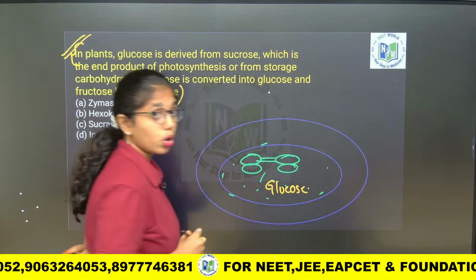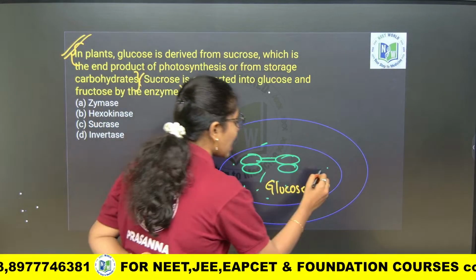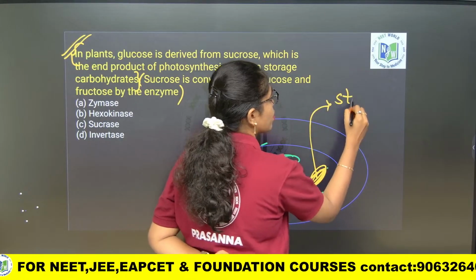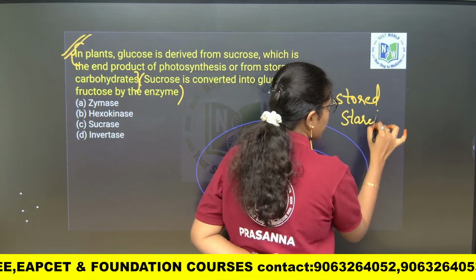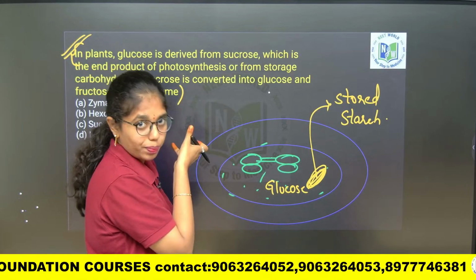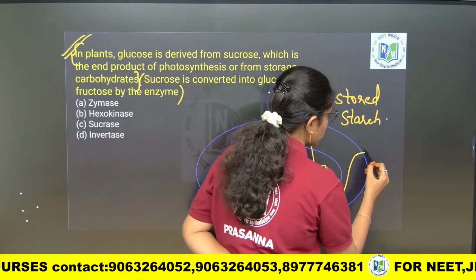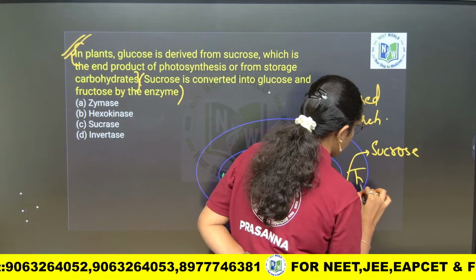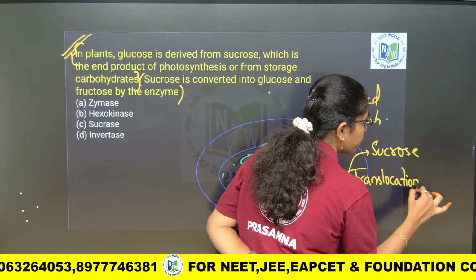So this glucose, if the chloroplast has to store it, will be stored in the form of starch granules. But if this glucose has to be utilized for energy purposes, it will be converted to sucrose. Glucose is converted to sucrose for translocation. So here you have to remember 2 points.